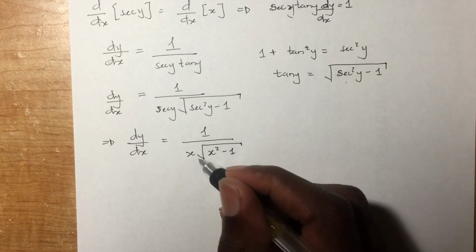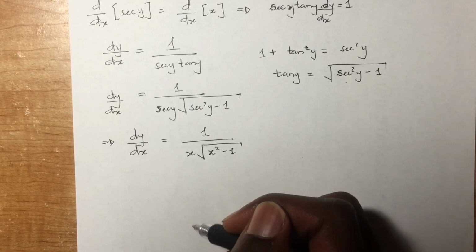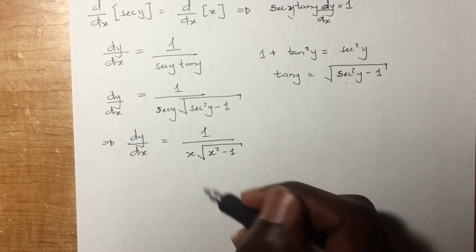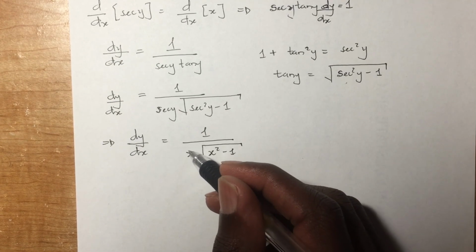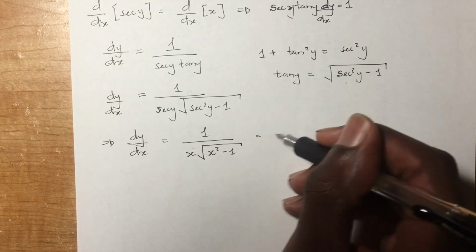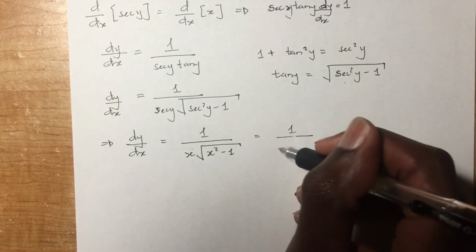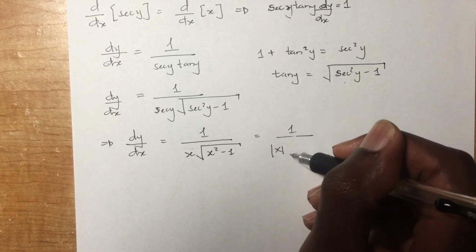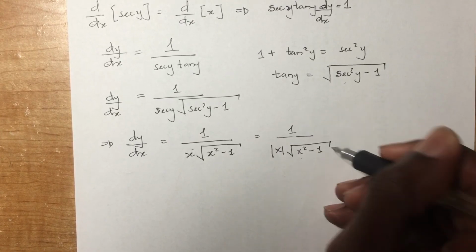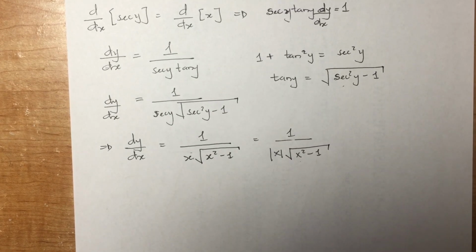And since we're dealing with real numbers here, the square root of anything in here is going to be positive, but we don't know if x is, and we want to guarantee that this is going to be positive as well. Our answer will be equal to 1 over the magnitude of x times the square root of x squared minus 1. And that is our answer.